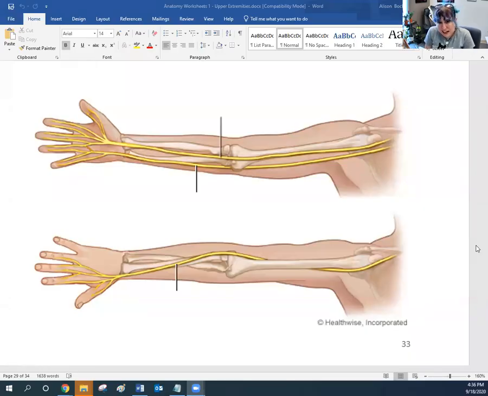Nerves and nerve diagrams are one of the areas where I think the figures in your OpenStax textbook currently aren't really up to snuff. So I really recommend going and Googling nerves of the arm or nerve body models and things like that to get a better overview of how the nerves branch out into the body. This is a figure that came up when I just Googled nerves of the arm.